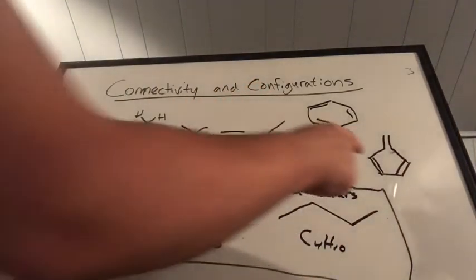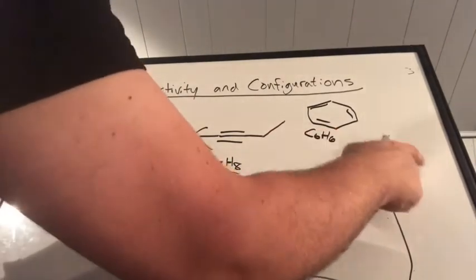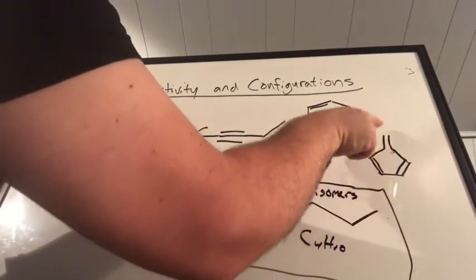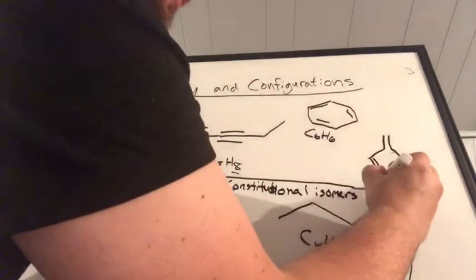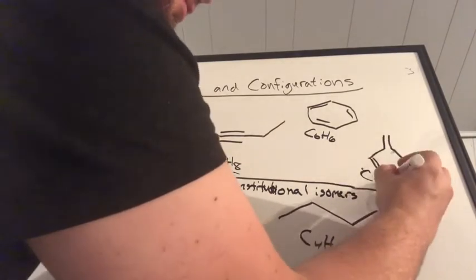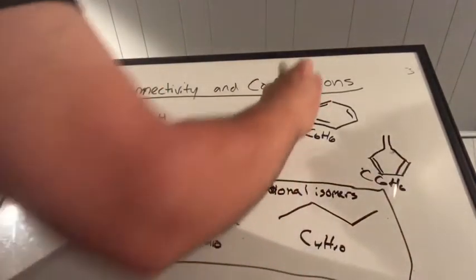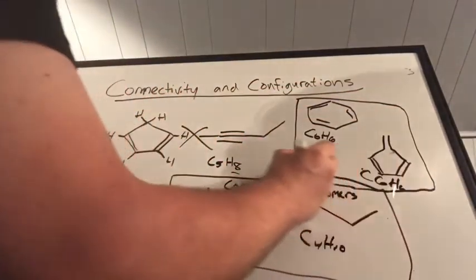Okay, so if we're going to count our hydrogens, it's going to be 1, 2, 3, 4, nothing here, 5, 6, and we have a total of 6 carbons. So in other words, this is going to be C6H6 as well. So these are also going to be constitutional isomers of one another.